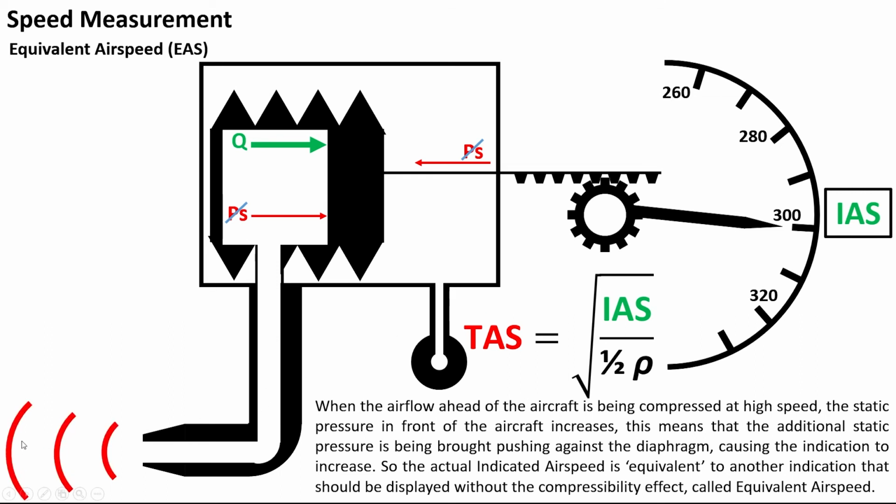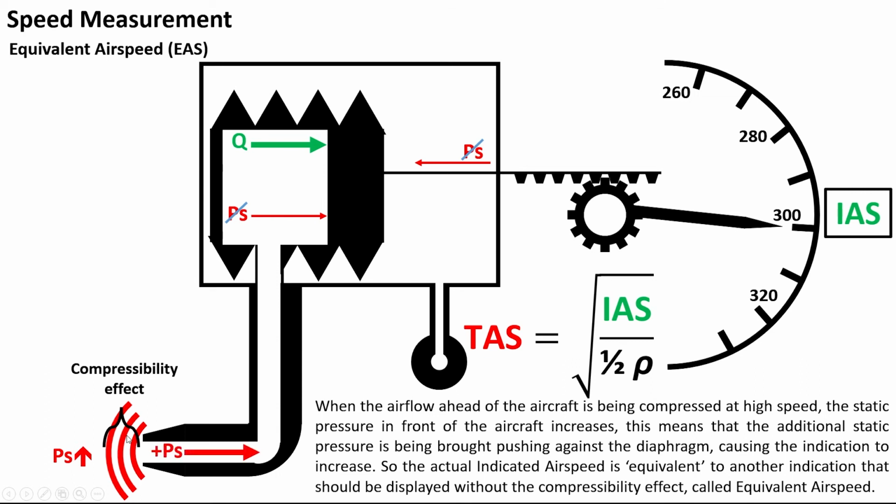But the thing is that when you travel fast enough, you're going to compress the pressure waves here, and so you're going to increase the static pressure. And so what does it mean? It means that you're going to bring additional static pressure into the pitot tube, but that's not the normal static pressure of the air. It's very important to understand that it's an additional static pressure.